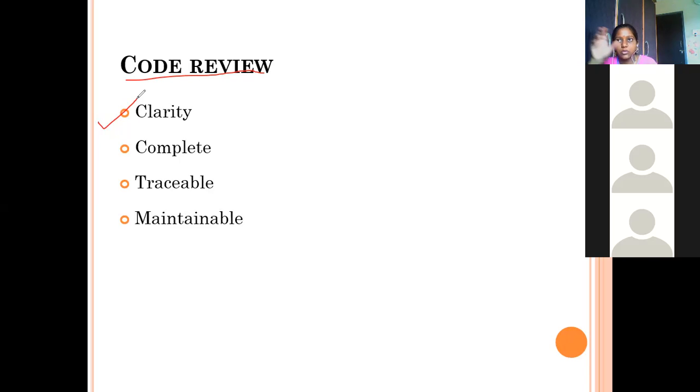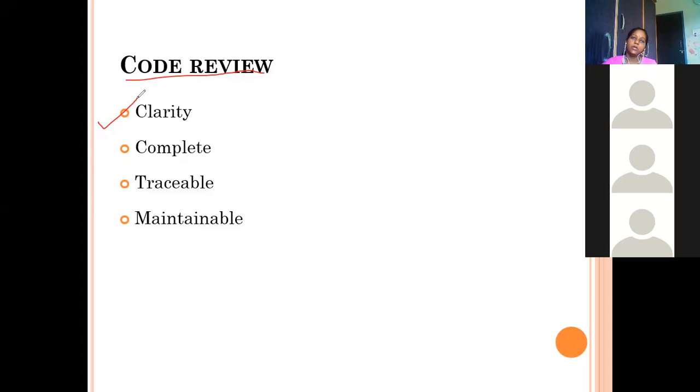Suppose the code is changed or revised on a particular date. Why revised? Suppose some error or defect has been found in testing. At that time you need to update that particular code. Which part of the code has been updated, on which date, by which author, all these things should be mentioned in that document.